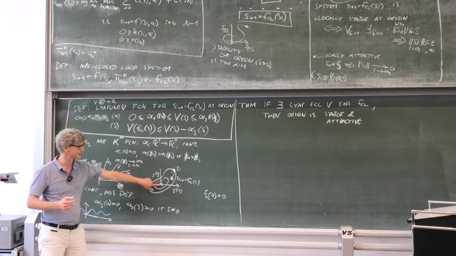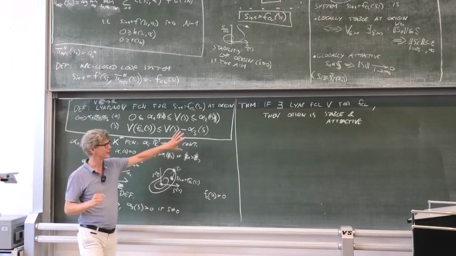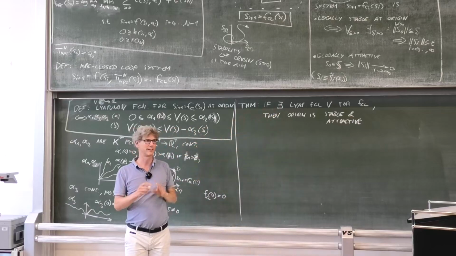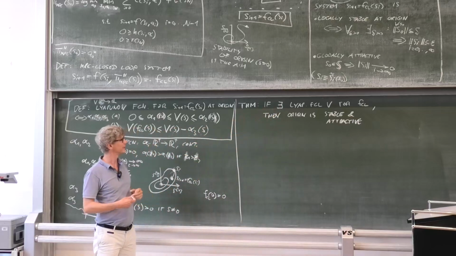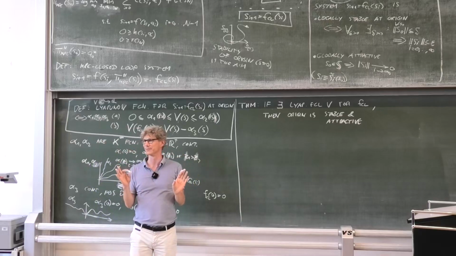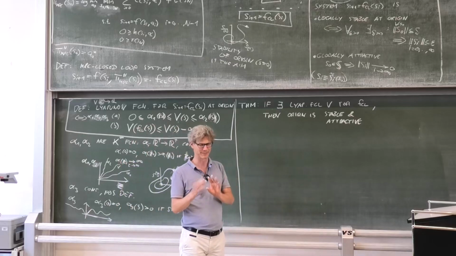Only if you're at zero, you stay there, and then your function isn't decreasing anymore. So once you have found a Lyapunov function, you have shown stability, and that's why people in stability theory really like to construct Lyapunov functions, because then afterwards no one asks a question anymore. Yeah? So if you find a Lyapunov function for your system, you will be happy.